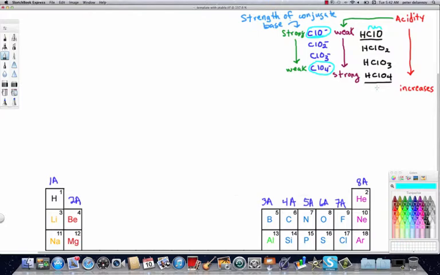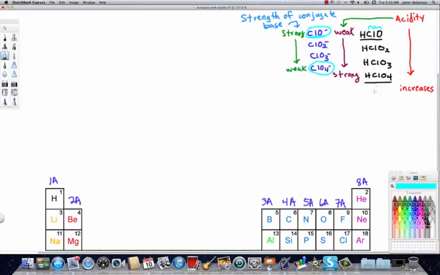The argument goes that as we add oxygens to each subsequent molecule, we're adding electronegative atoms, and this causes a general weakening of the base because of the electron withdrawing capabilities of the additional electronegative atoms.